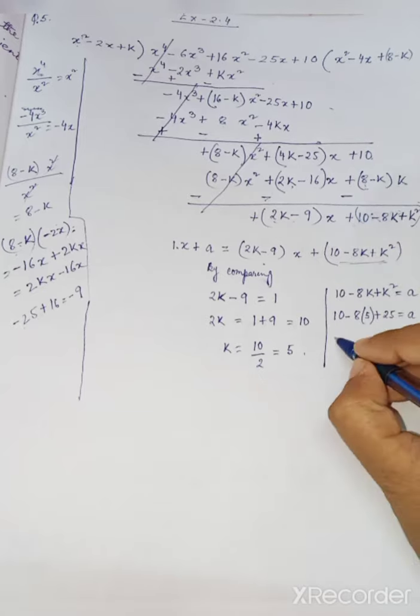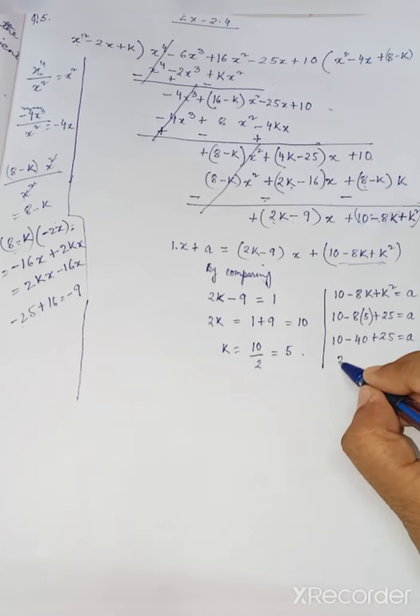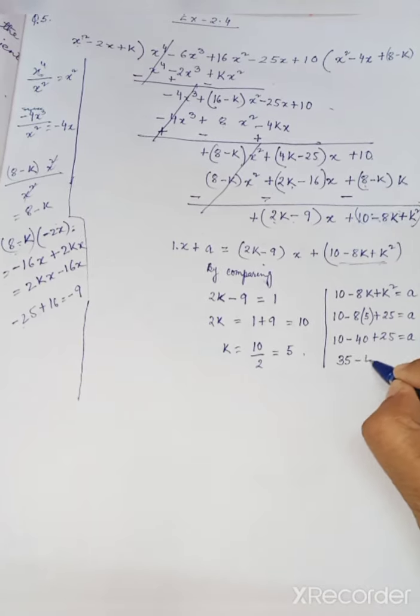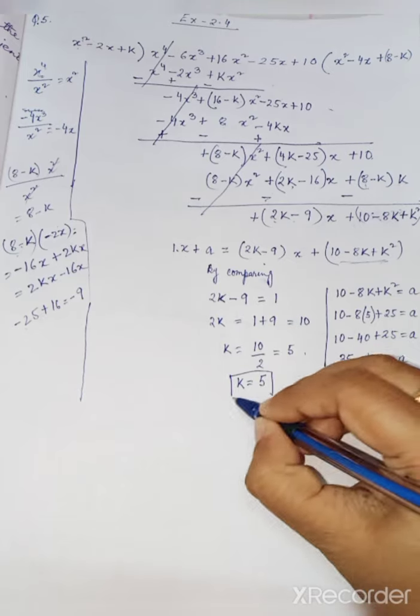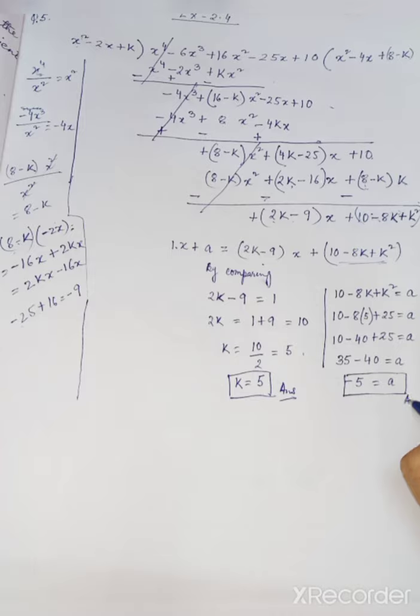So 10 minus 40 plus 25 equals a. The positive numbers we can add, that is 35 minus 40 equals a. So that is minus 5 equals a. So a equals minus 5 and k equals 5. These are the answers. Clear?